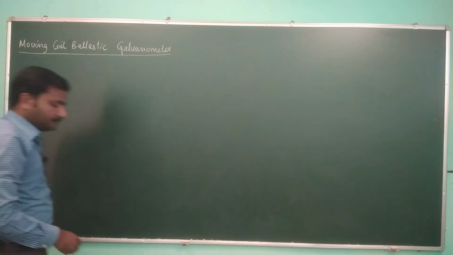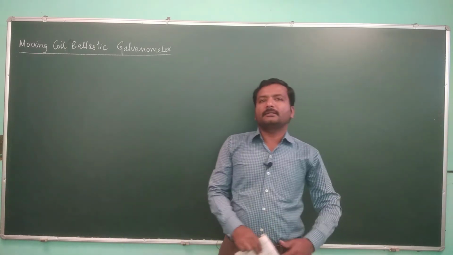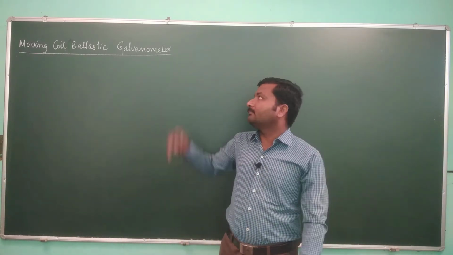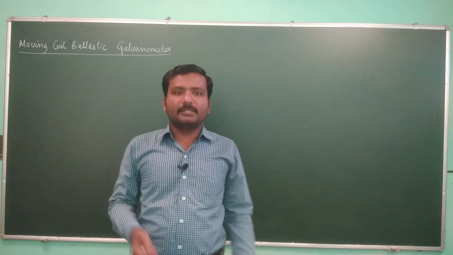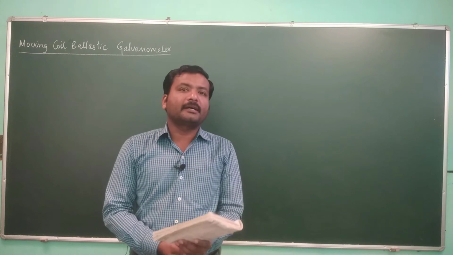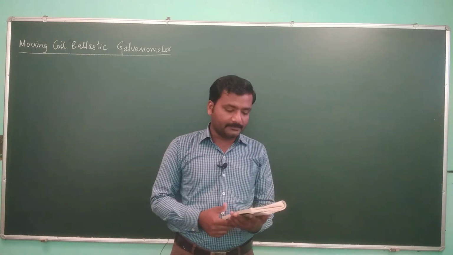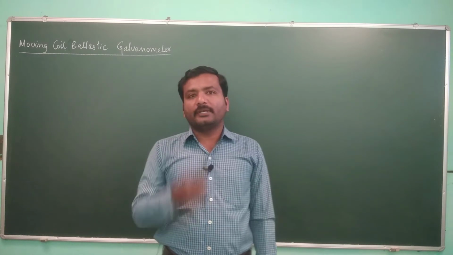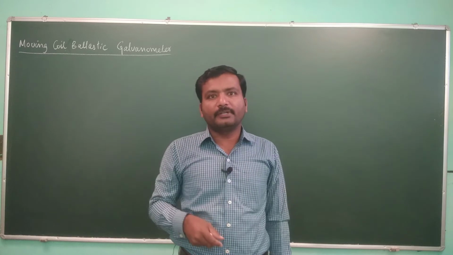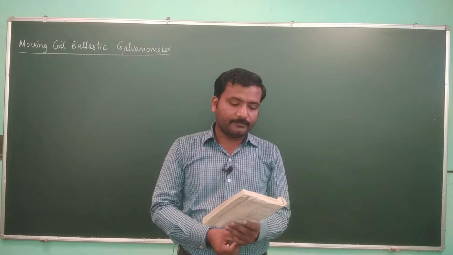What is the principle of the moving coil galvanometer and the moving coil ballistic galvanometer? In general, the principle is that a current carrying wire, made up of a coil, is suspended freely in a magnetic field.